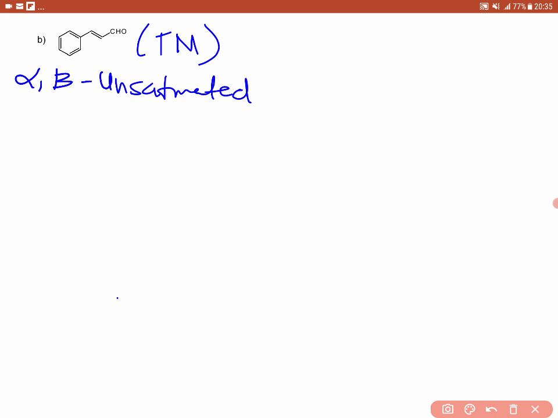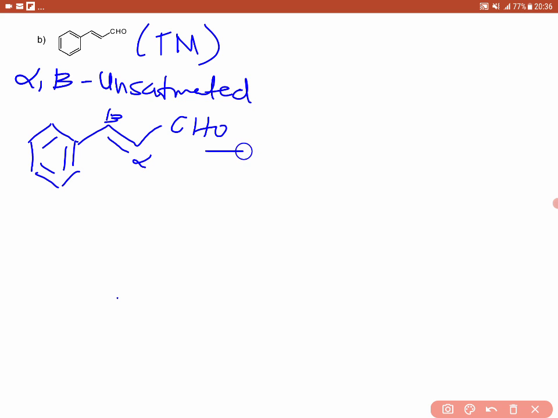So we carry out the retrosynthetic analysis in order to identify the starting material or carbonyl required for its synthesis. This is the molecule with a double bond at the alpha beta position.